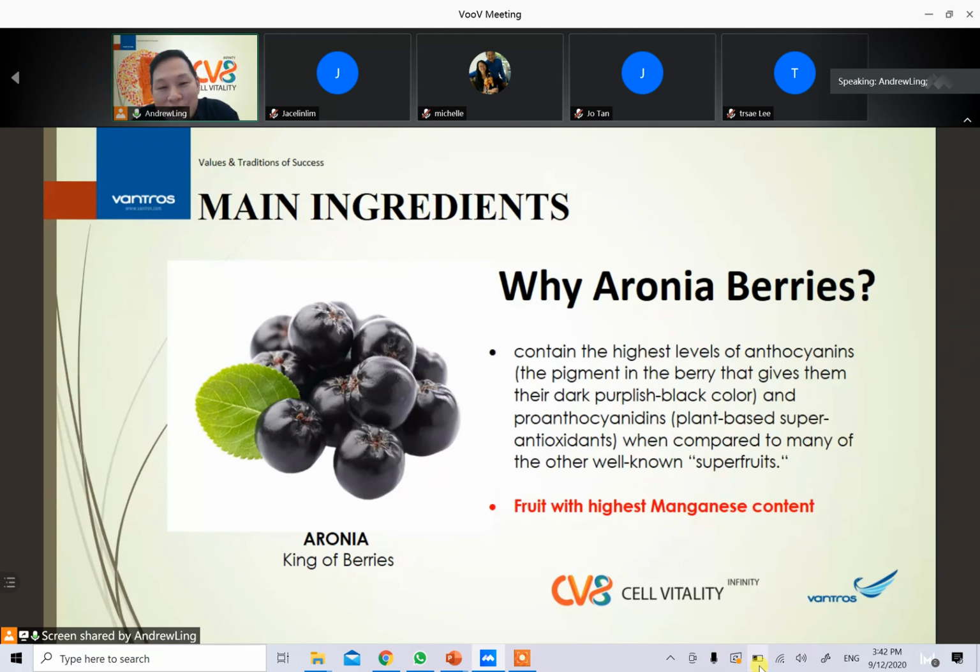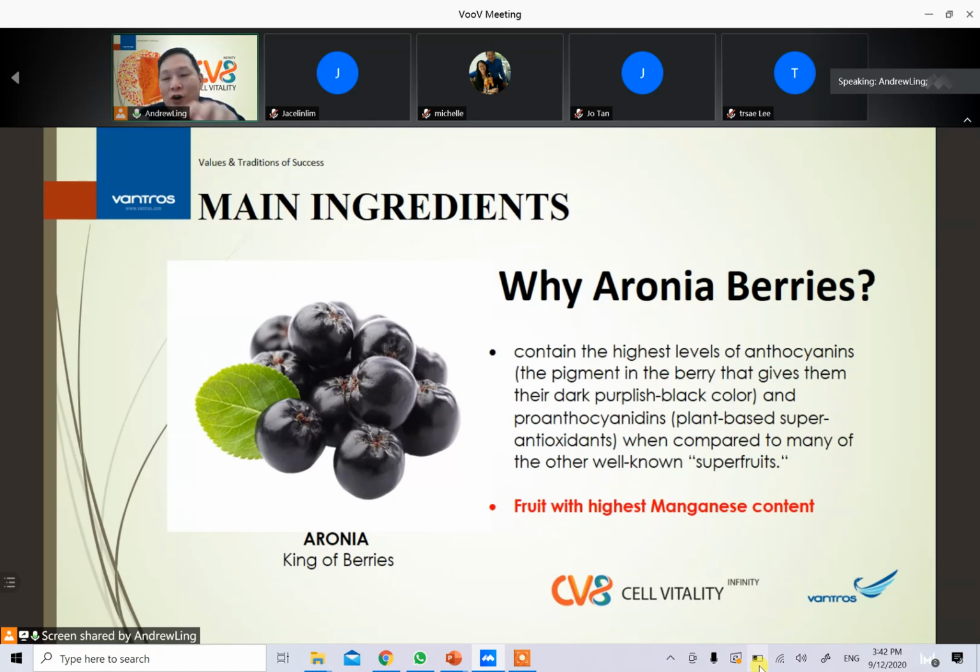Another very special ingredient is what we call aronia berries. Aronia berries are considered the king of berries. Mainly because aronia berries contain a high level of super antioxidants called anthocyanins and also proanthocyanins.